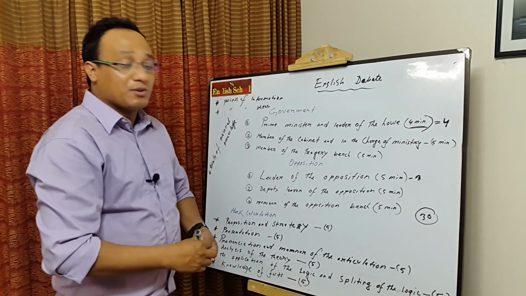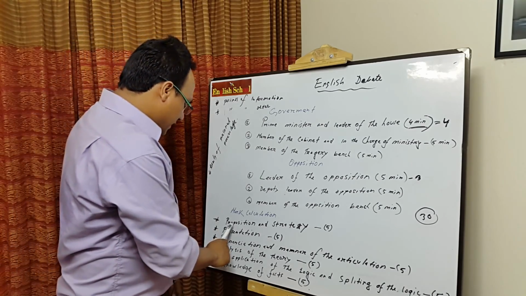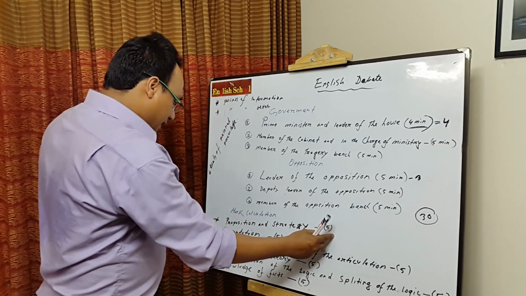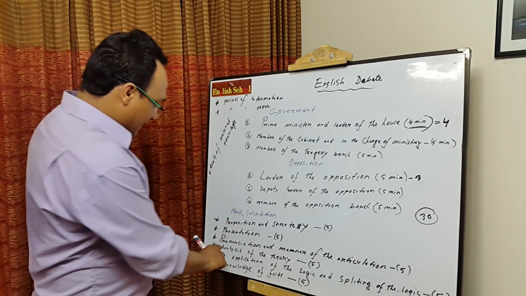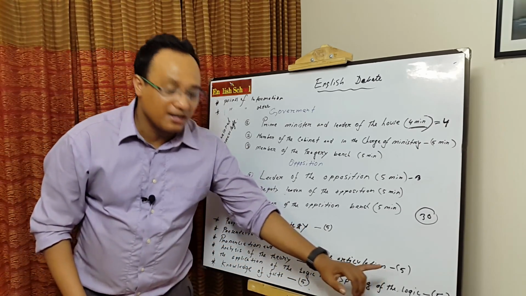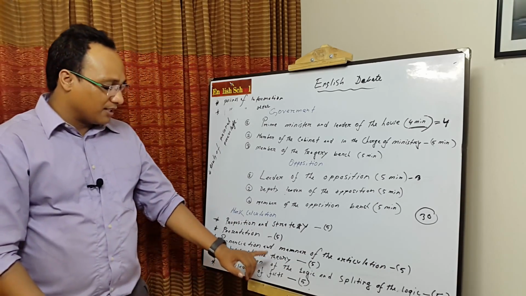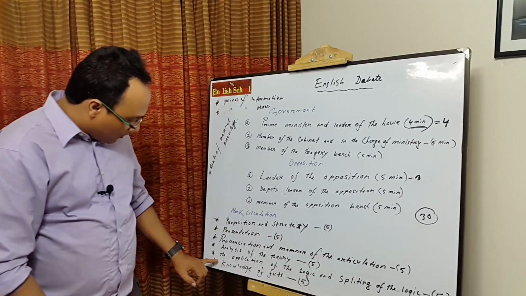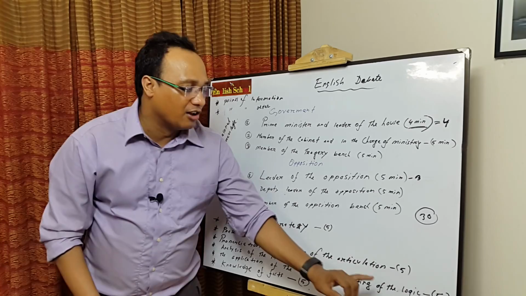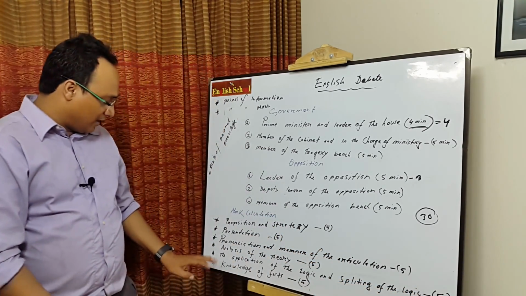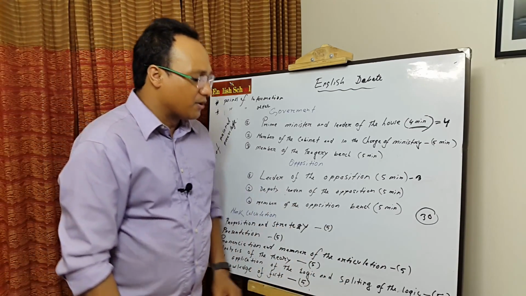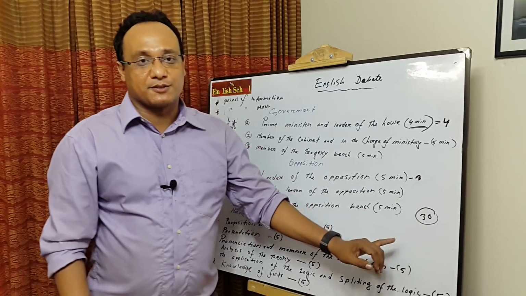The standard way to calculate the marks of the debate: proposition and strategy will carry 5 marks, presentation 5 marks, pronunciation and manner of articulation another 5 marks, analysis of the theory 5 marks, application and splitting of the logic another 5 marks, and finally knowledge of facts 5 marks. So altogether it will be 30 marks.